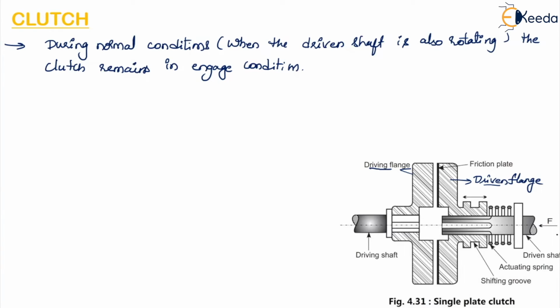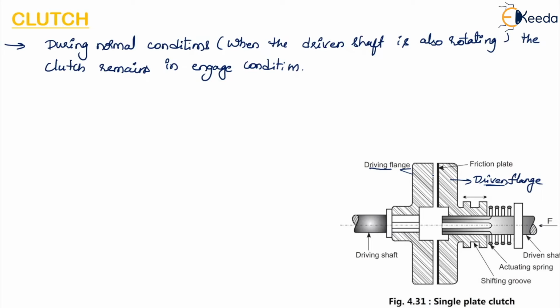Okay, the spring is not shown in this figure. This force is provided by the spring which will force the driven flange, so here this is the driven flange, to move towards the driving flange so that it will make contact between the two friction plates.